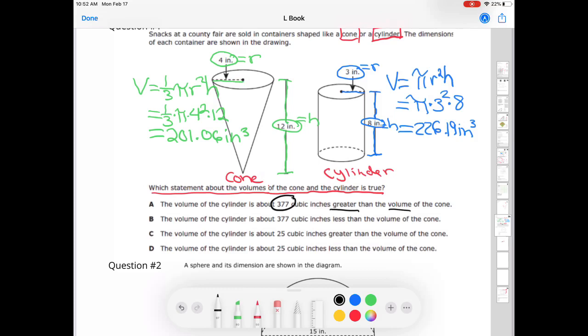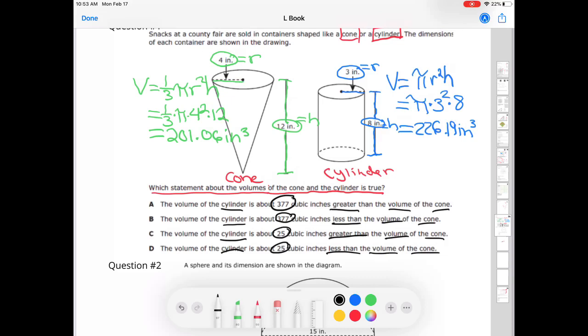The second one reads, the cylinder is about 377 cubic inches less than the volume of the cone. C reads, the volume of the cylinder is about 25 cubic inches greater than the volume of the cone, and D, the volume of the cylinder is about 25 inches less than the volume of the cone.